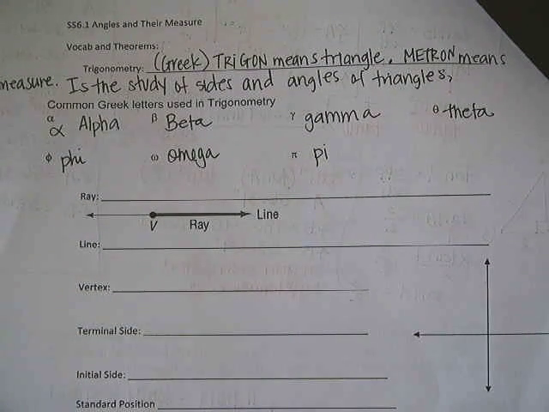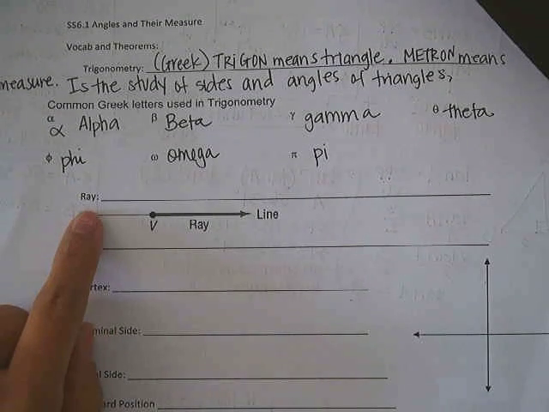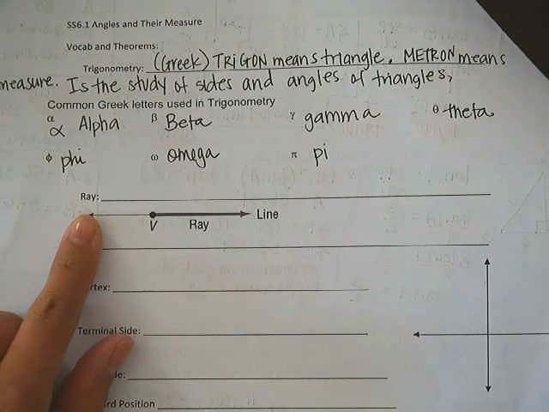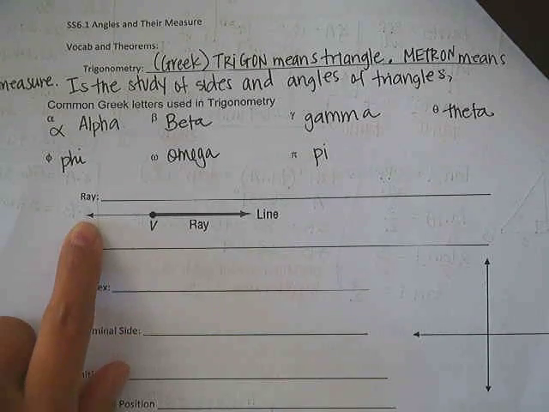So we are going to define some vocabulary here. First, a ray. A ray is a half line that starts at a point and extends indefinitely in one direction.